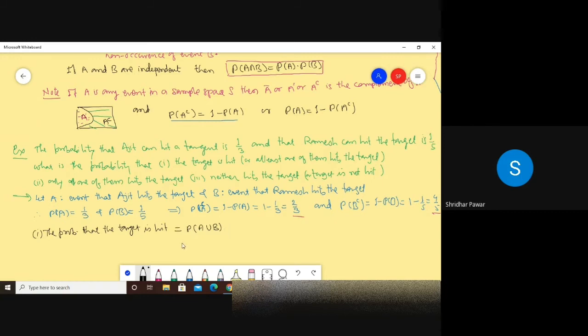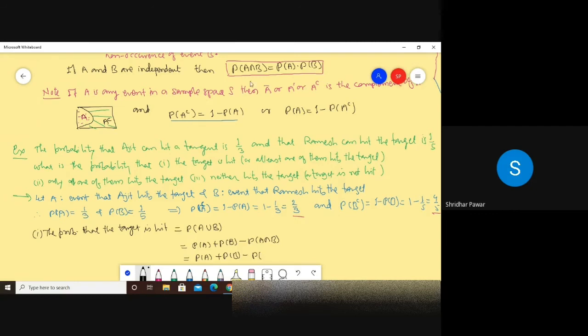But what is P of A union B? P of A union B is equal to, by addition theorem, P of A plus P of B minus P of A intersection B. Now see, अजितनी टार्गेट हिट करण्याचा रमेशनी टार्गेट हिट करण्याशी काही संबंध आहे का? नो. इव्हेंट A घडण्याचा इव्हेंट B घडण्याशी काही संबंध आहे का? नो. They do not depend on each other. So these are independent events.